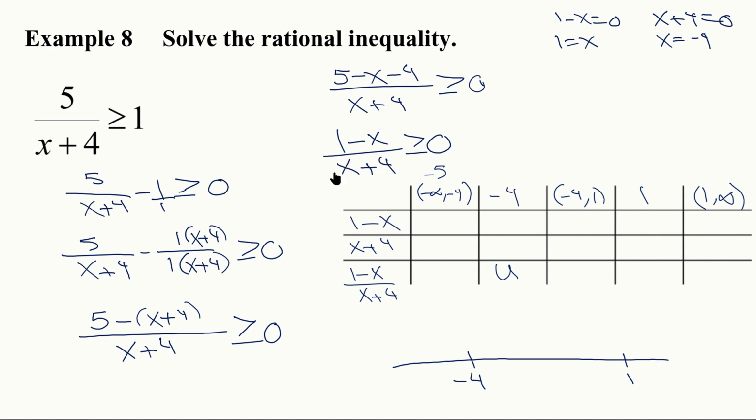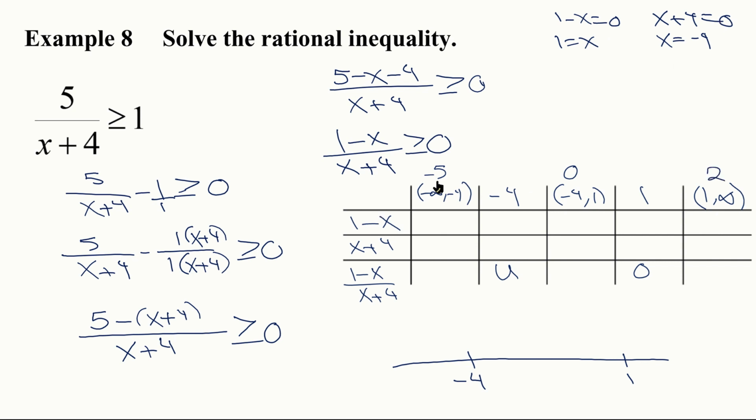It doesn't make the denominator 0, so 1 does make the fraction what? 0. So this is where the fraction is 0. Between negative 4 and 1, remember, from negative to positive, so 0 is hiding in there somewhere. And then from 1 to infinity, we'll pick 2.